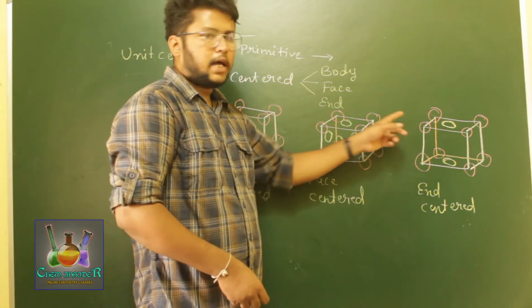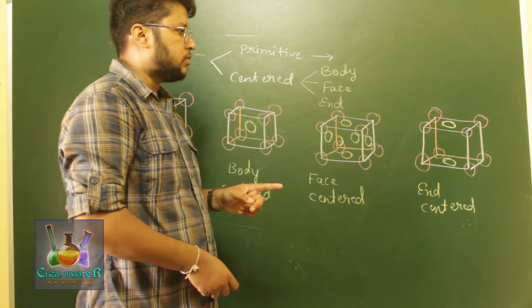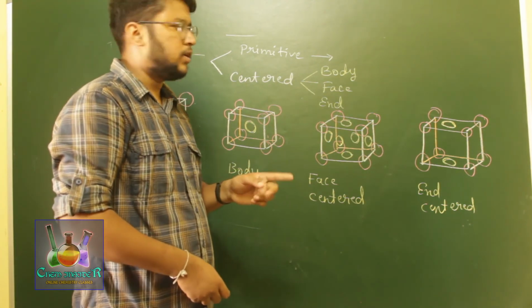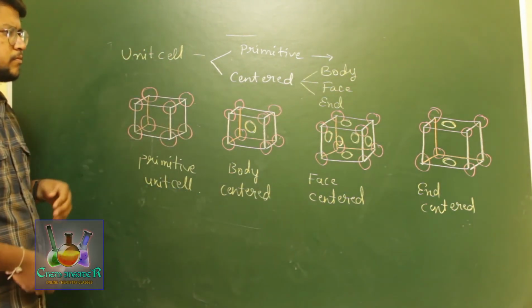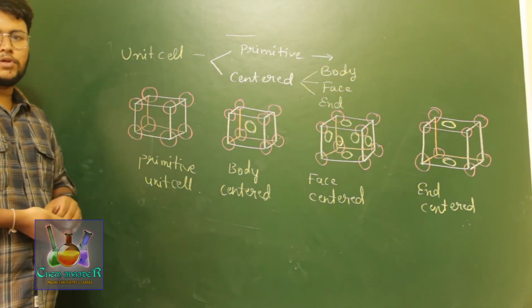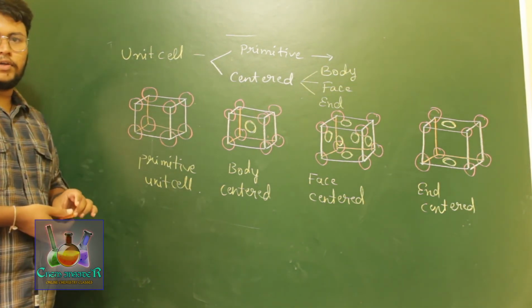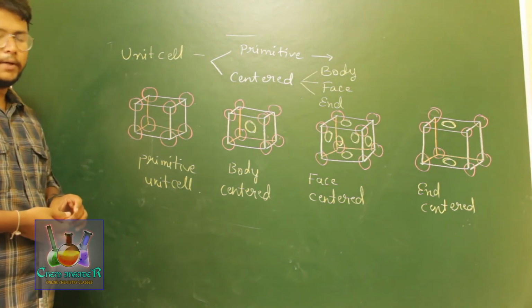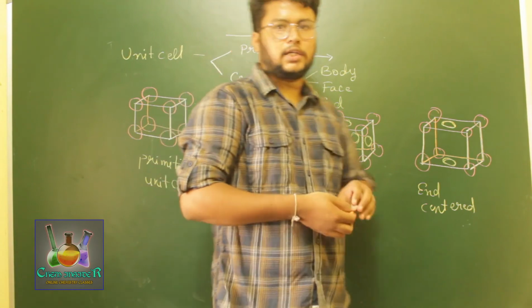End centered has 8 atoms at the 8 corners and 2 atoms at the center of any 2 opposite faces. These are the 4 unit cells which you often find in a crystalline solid. Now we come to the end of types of unit cells and crystal lattice.